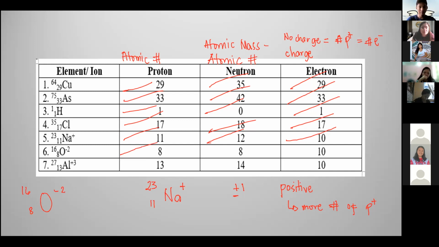And then ang neutrons po, atomic mass minus atomic number. So 16 minus 8 is 8. But we have a charge here na negative. So the negative there represents that you have more number of electrons. So dili na magpantay ang protons ug electrons pag naa na siya charge.